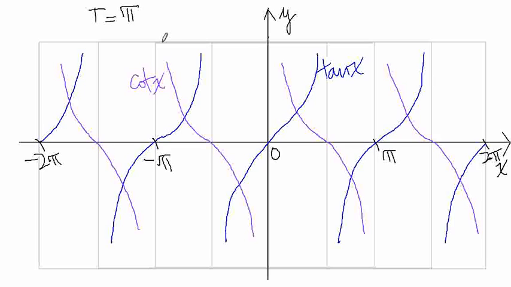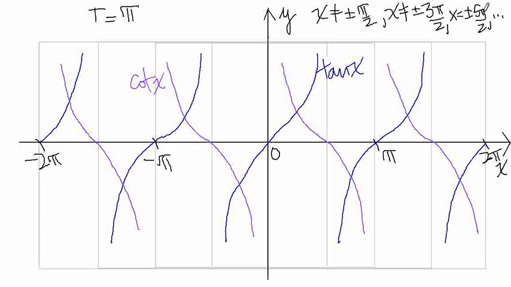Those x values correspond to the vertical asymptotes. So we say that the domain of the tangent function includes all x values except plus or minus pi over 2, plus or minus 3 pi over 2, plus or minus 5 pi over 2, and so on.